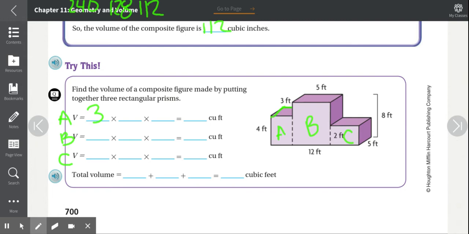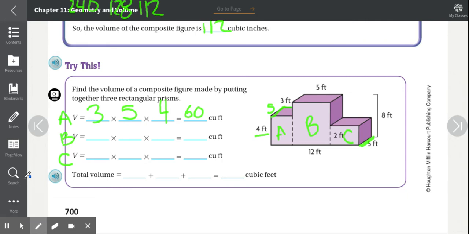I do see that there is 5 feet right here, and I know that those 2 edges would be congruent in length. So the width of prism A is 5 feet, and we need the height. The height is written right here. The height is 4 feet. So I know that my volume, if I multiply those together, is 60 cubic feet. Great, so I found my volume of rectangular prism A.